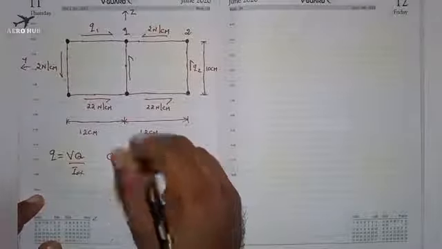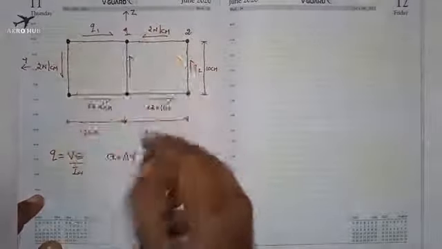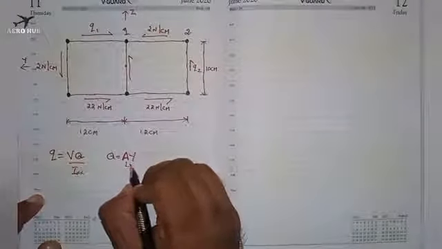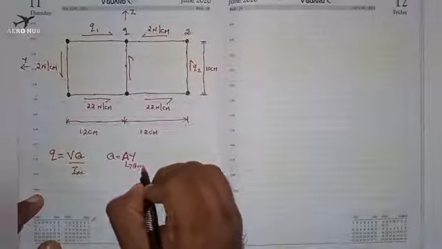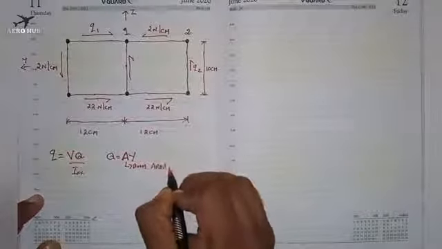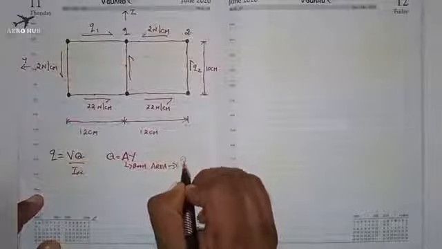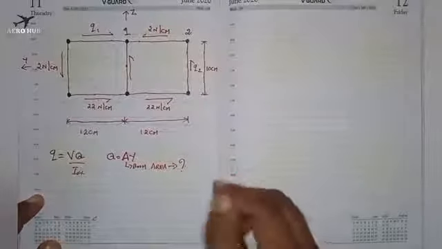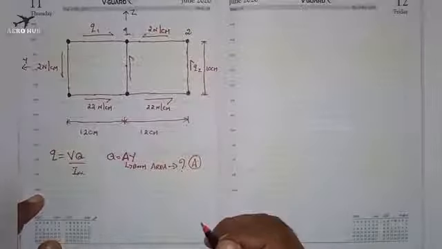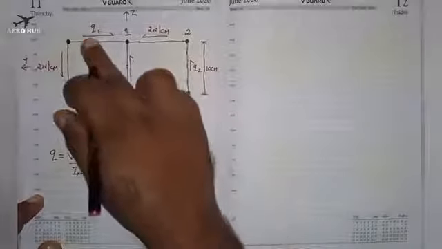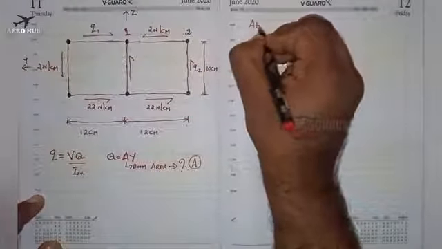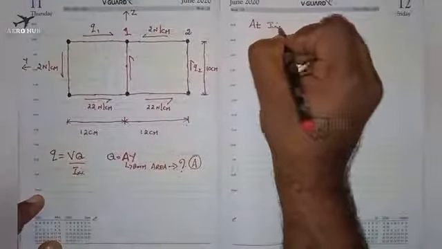This is an idealized beam, therefore the value of A is nothing but the value of boom areas. Here the value of boom area is not given, so we'll just assume it as capital A. At junction 1 we will proceed with the problem.